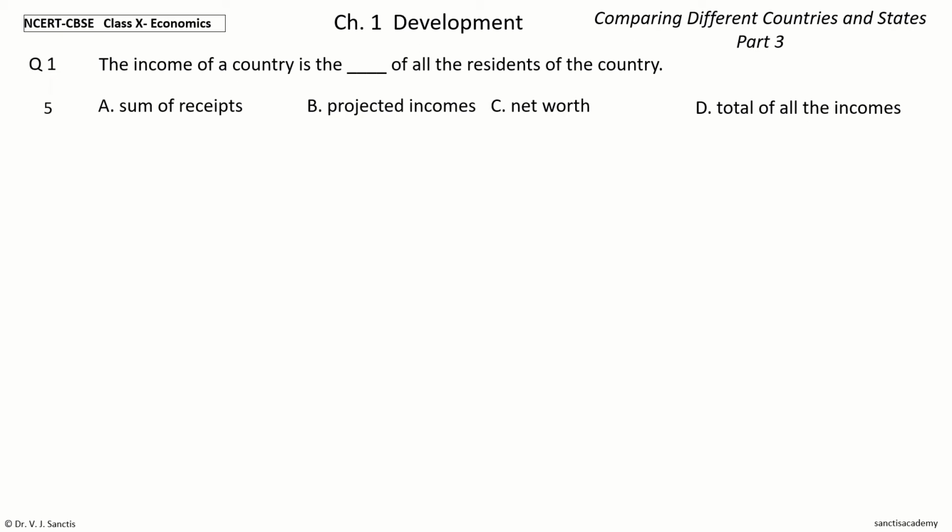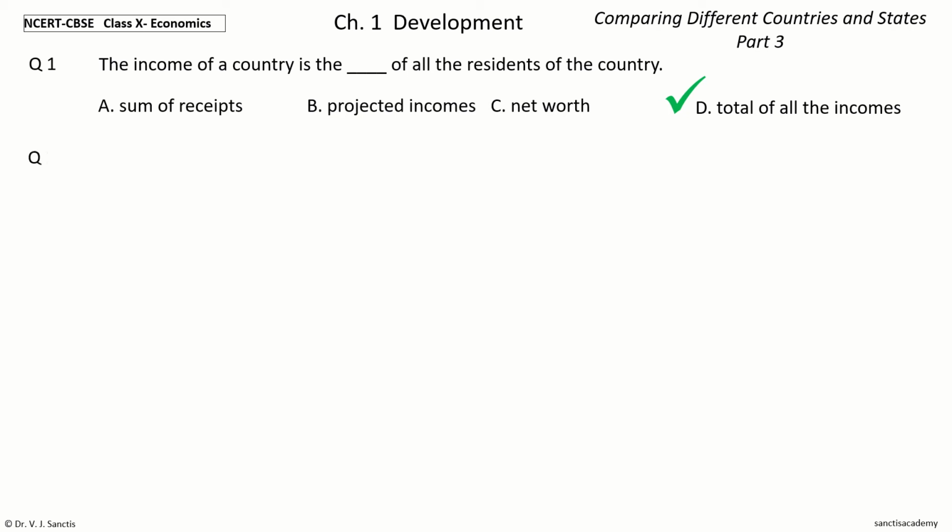Your time to choose. And the answer is total of all the incomes. So, the income of a country is the total of all the incomes of all the residents of the country.